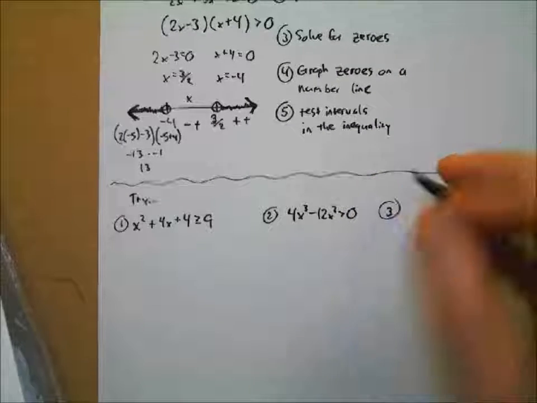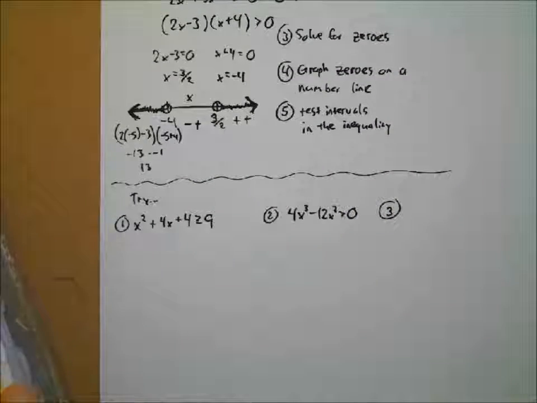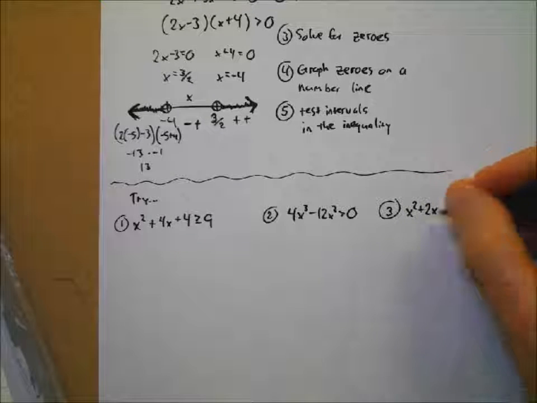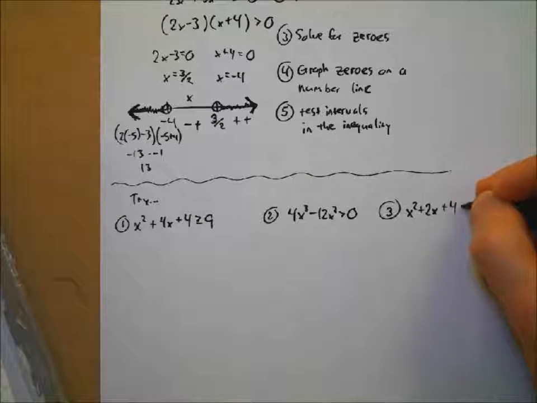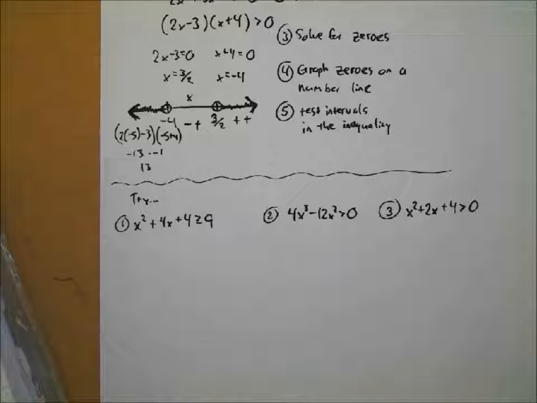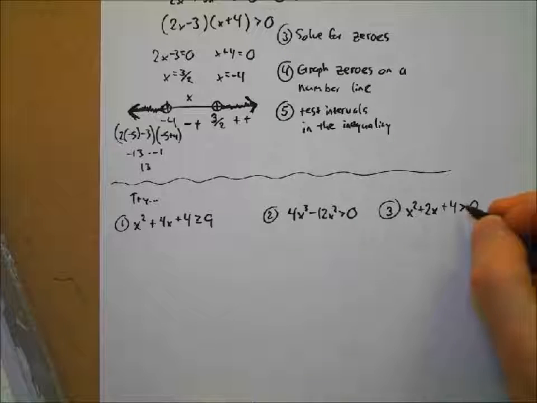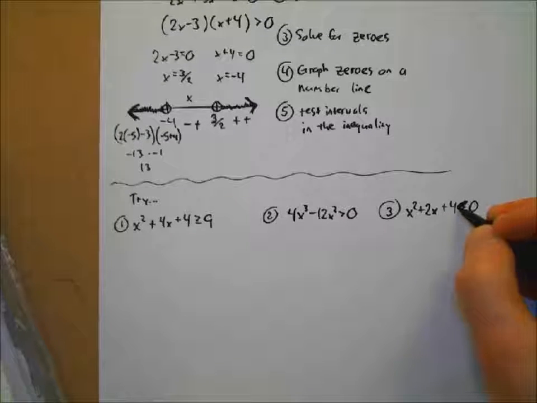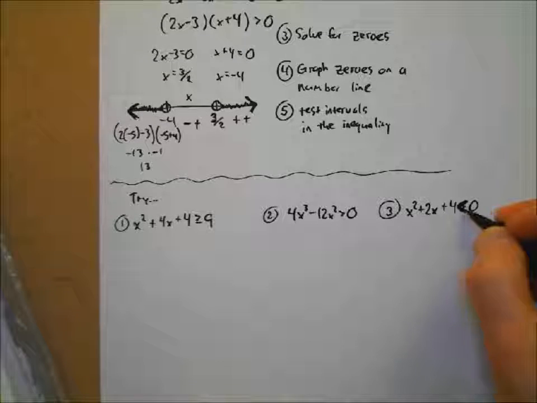And then number 3, we'll have you try x squared plus 2x plus 4 is greater than 0. Actually, let's make this different, because they're all greater thans. I'm going to make this one a less than. So that last one's supposed to be a less than. I know I just made you write that.